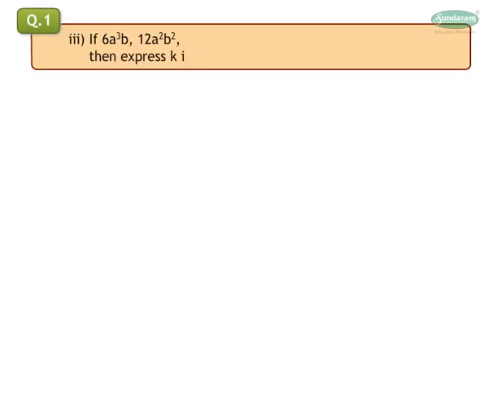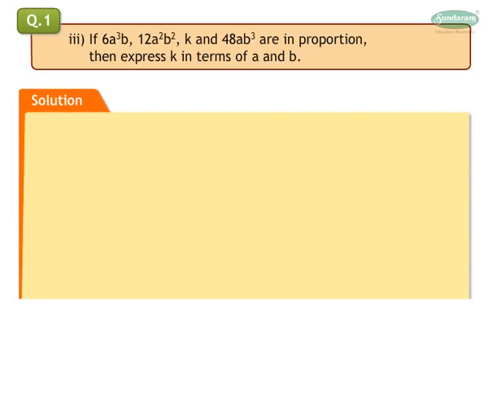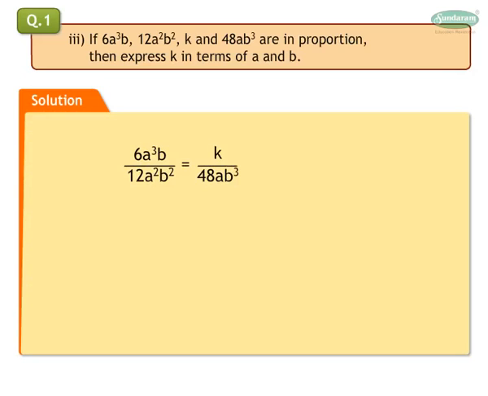Question 1.3. If 6a cube b, 12a square b square, k and 48ab cube are in proportion, then express k in terms of a and b. Solution. Since the numbers are in proportion, hence 6a cube b upon 12a square b square is equal to k upon 48ab cube.